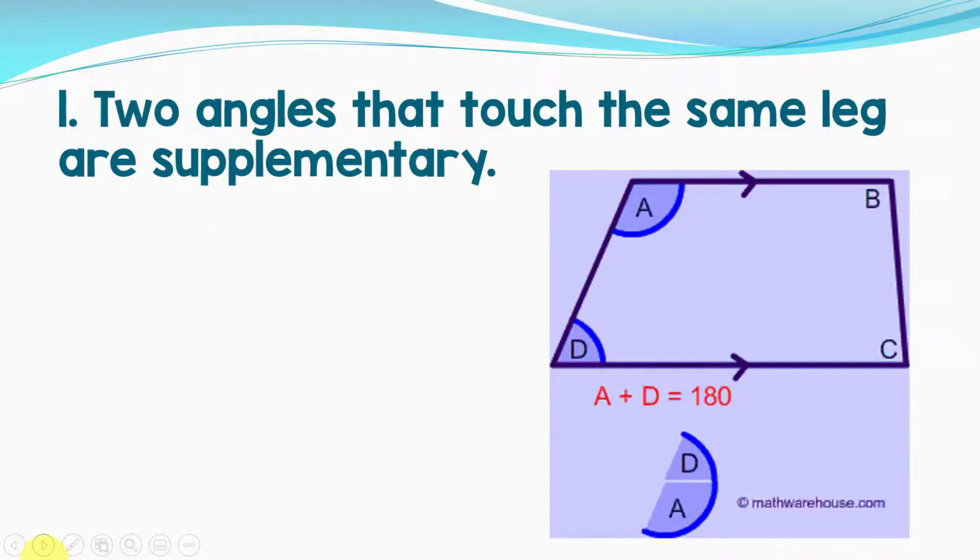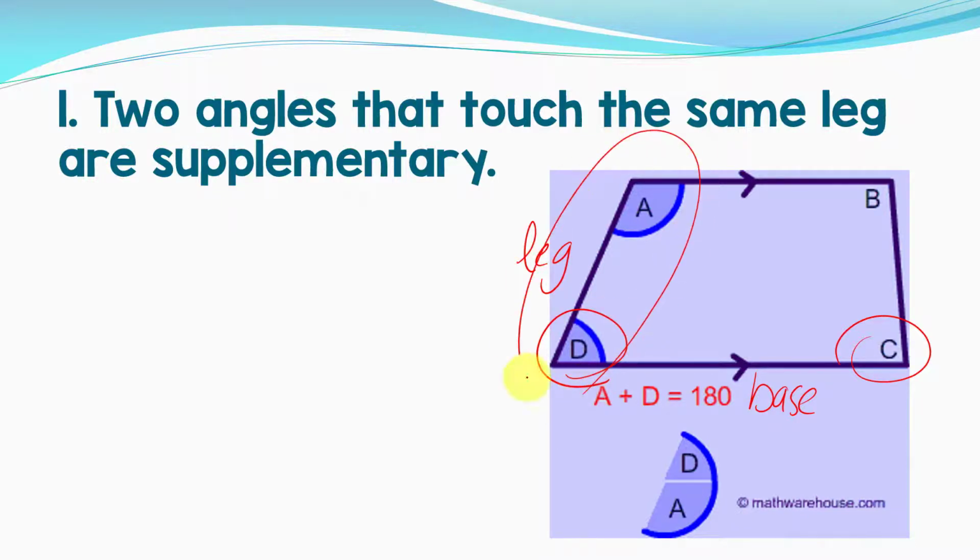The first property of a trapezoid is that two angles that touch the same leg are supplementary. So here's your leg, and this is your base. These would be base angles, but we're talking about the two angles that touch the same leg being supplementary.